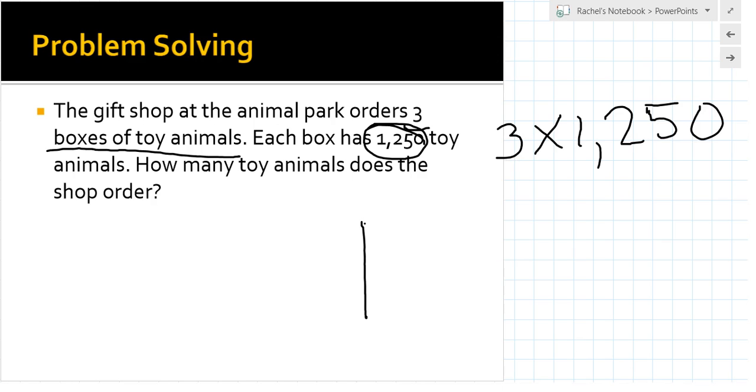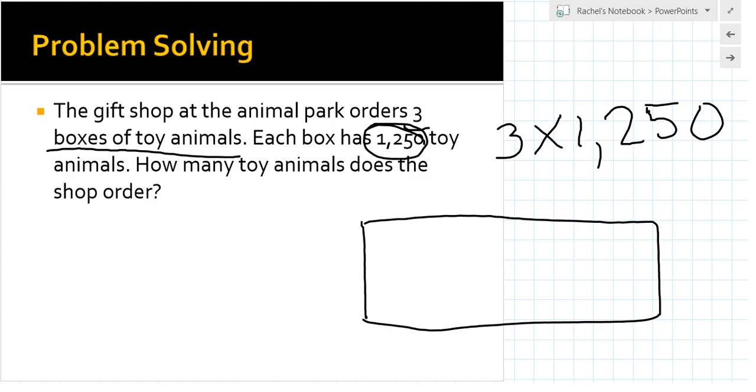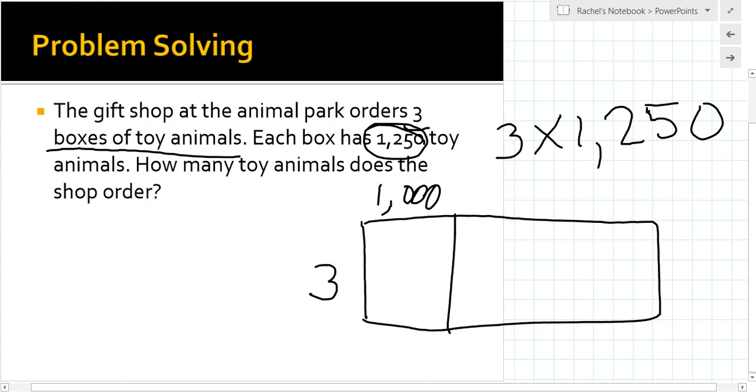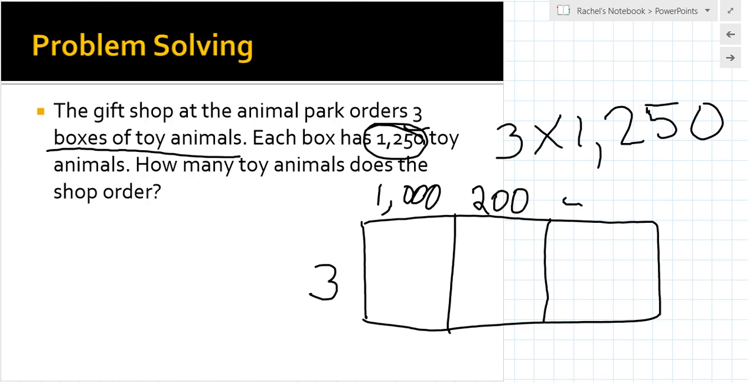By using the strategy of expanded form and breaking apart numbers, this time we'll break it apart 1,000, 200, 50, and we have 0 ones. Some students like to include 0 in their rectangle.